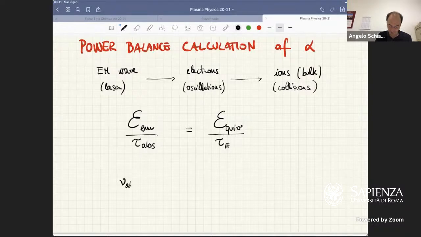So we have the absorption frequency times the electromagnetic energy density, equals the characteristic time for energy exchange.